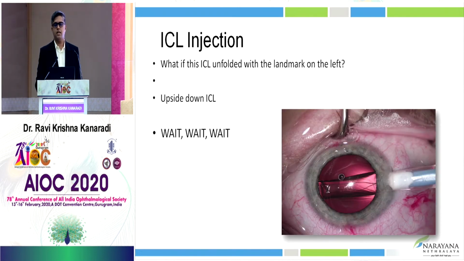In case it becomes reversed, Dr. Hema showed you one video just now. You can pull one of the footplates outside the wound and slowly pull it. You don't have to extend the incision. It's a very soft lens, it comes out very easily.